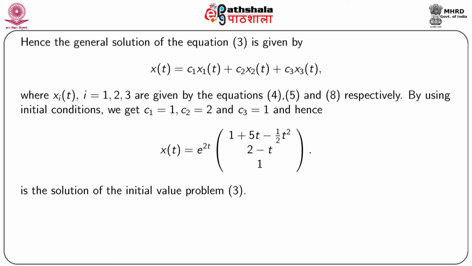Using the initial condition for this problem, we get c1 equal to 1, c2 equal to 2 and c3 equal to 1, and hence our required solution is x(t) equal to e to the power 2t multiplied by the column vector 1 plus 5t minus half t squared, 2 minus t, 1, which is our required solution of the initial value problem 3.